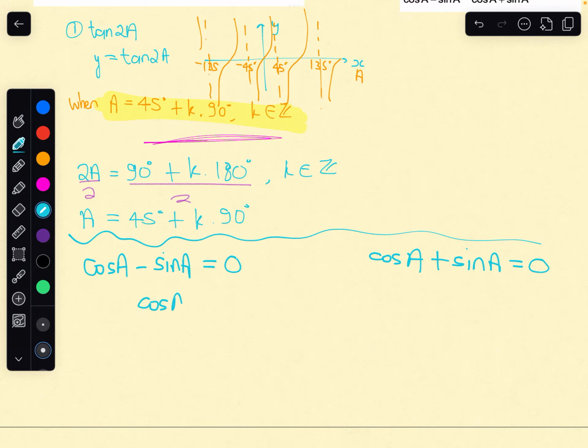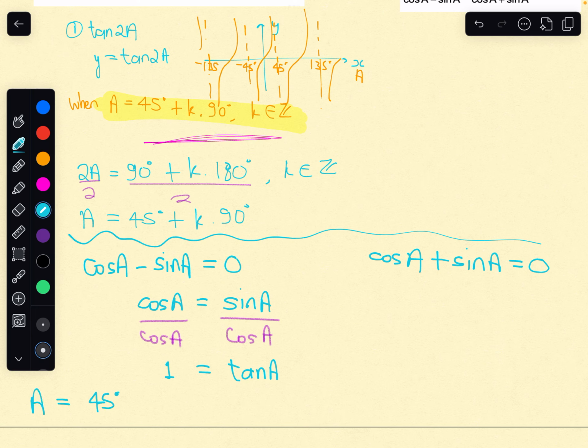These are those equations that turn into tan equations, right? Divide both sides by cos A. Then you have tan A is equal to 1. And so A is equal to, just from knowing your special angles, 45 degrees plus k180.